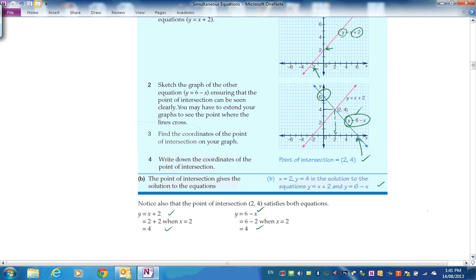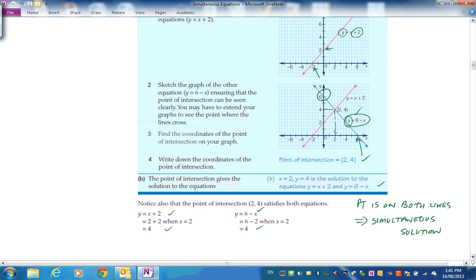Now, they must have both coordinates the same, because at one point, the point is on both lines, and therefore implies a simultaneous solution. The one point at the same time is on both lines. Simultaneous solution. Okay, that's our graphical approach.